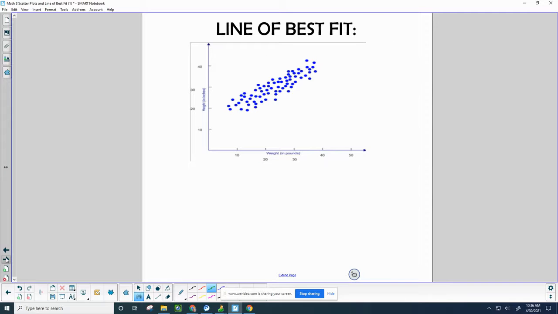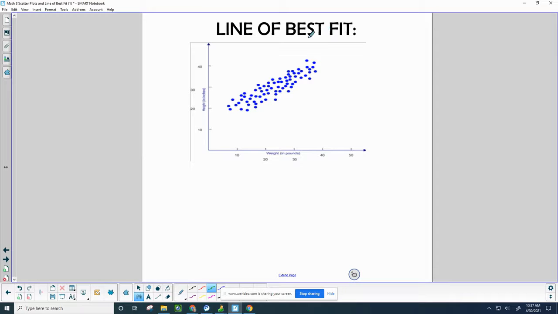So today we're going to be talking about what we call a line of best fit. Now we had a whole unit on linear equations and how to make a line that has a positive or negative slope, the y-intercept, and different things like that. So today we're going to use that line in connection with the idea of a scatter plot that we learned about yesterday or earlier today.